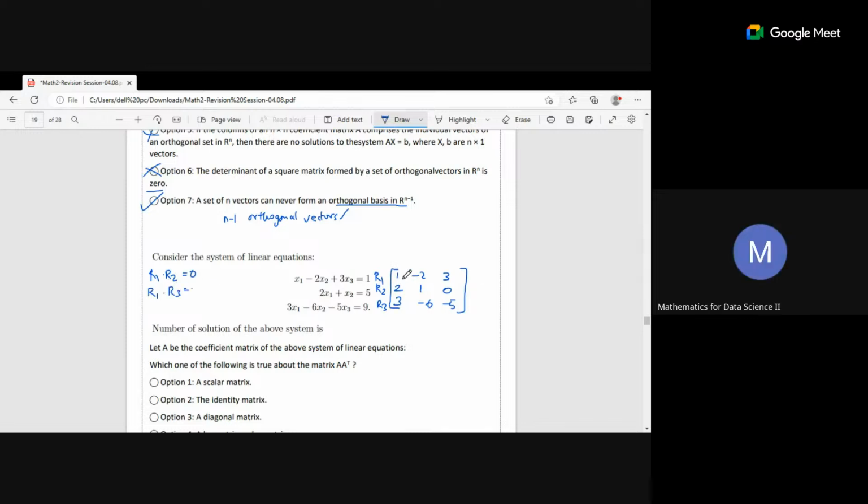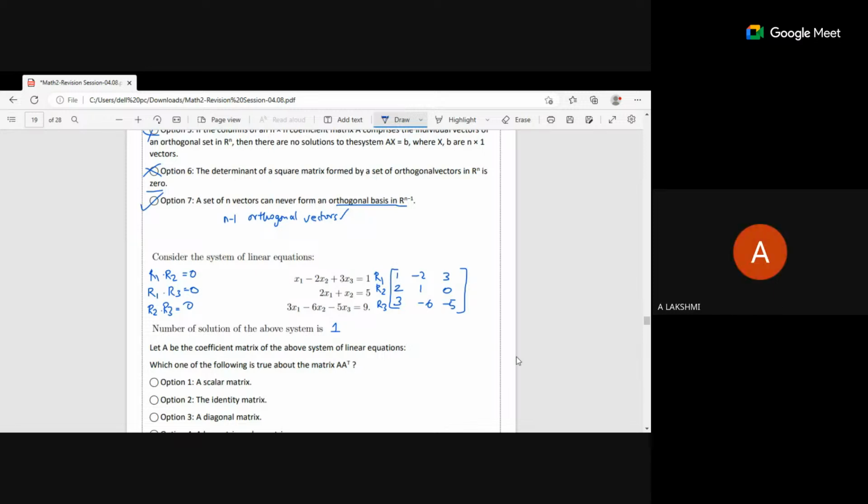Again, 3 plus 15, sorry, plus 12 minus 15, which is 0. And R2 dot R3? Again 0, 6 minus 6. So R1, R2, R3 are orthogonal. It means the rows are linearly independent. If the rows are linearly independent, does this system have a unique solution? Yes, ma'am. So the number of solutions of the above system is 1.